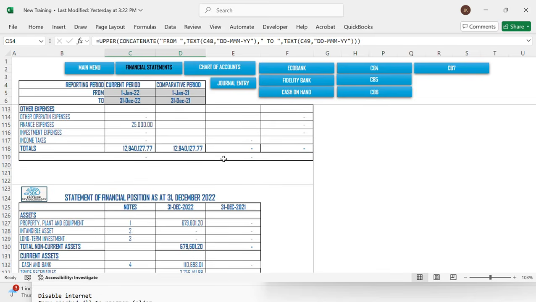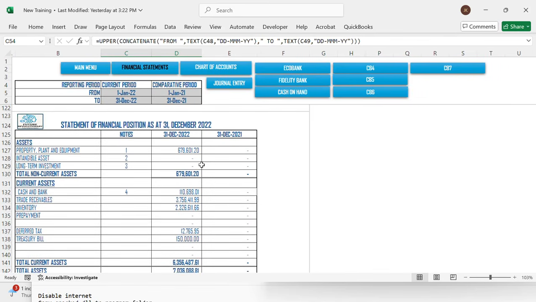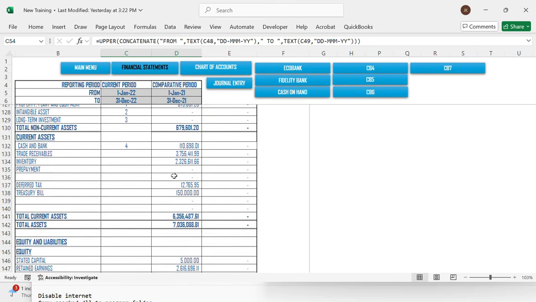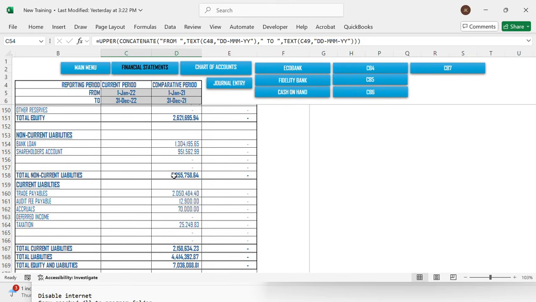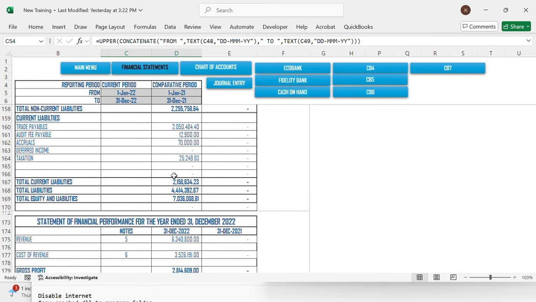Here we see that it is correctly balanced. The financial position too, it is correctly balanced. See your cash and bank, your current assets. All right, accruals.